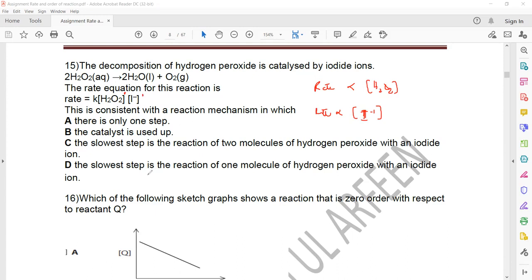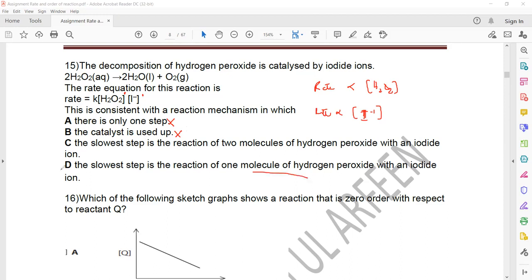So it means that it cannot be one step, because the rate equation does not involve all the original reactants, so it is multiple steps. The catalyst does not get used up, that's totally wrong, because a catalyst is a substance which does not change during a chemical reaction, or chemically is not used up. The slowest step is the reaction when one molecule of hydrogen peroxide reacts with one molecule of iodide ion.